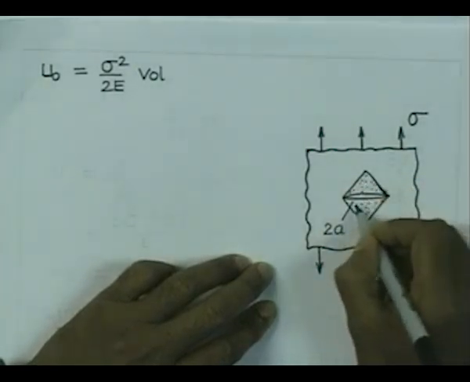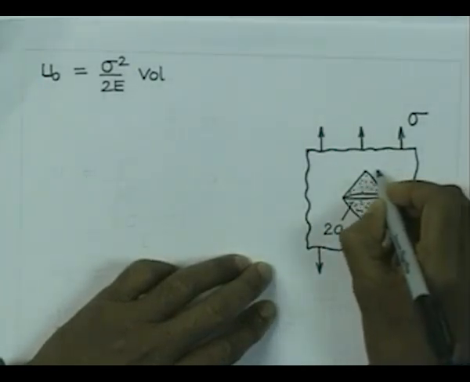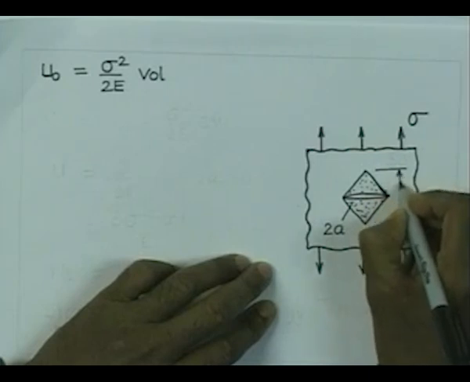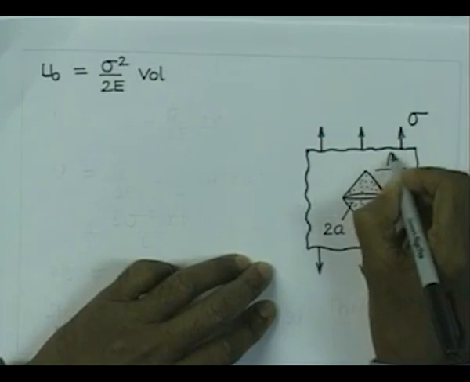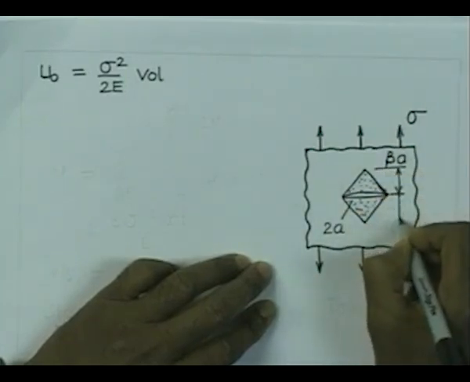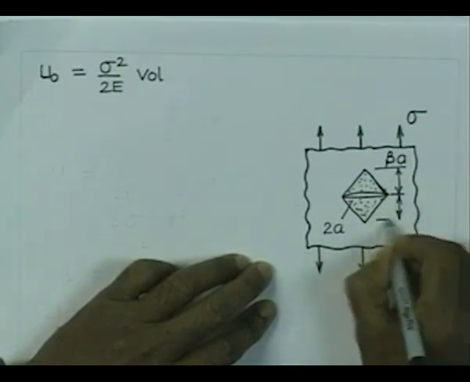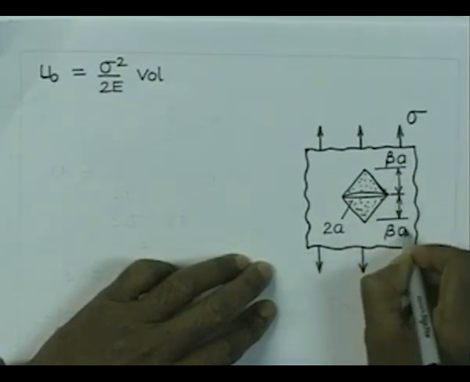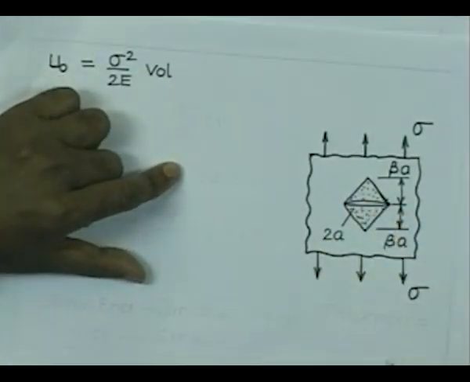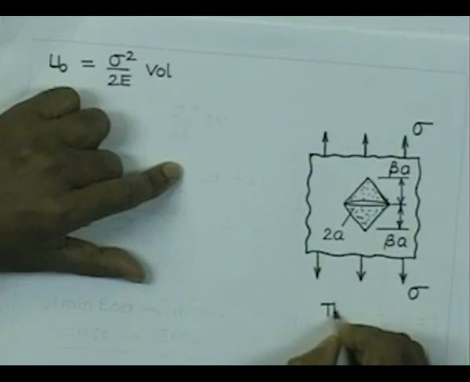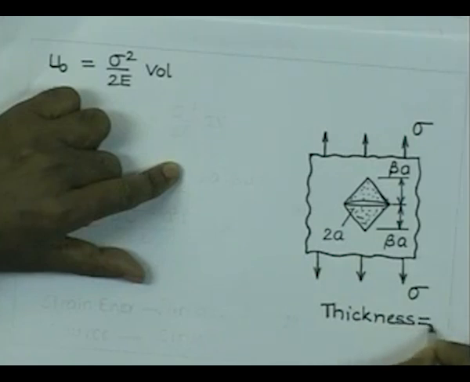Its height is, let us say, proportional to the crack dimension A, so it is beta A. Similarly, this side also we have a length equal to beta A. That is the portion which is going to be load free. Let us consider the thickness of the plate to be equal to T.